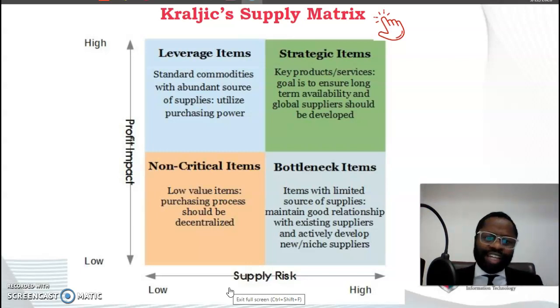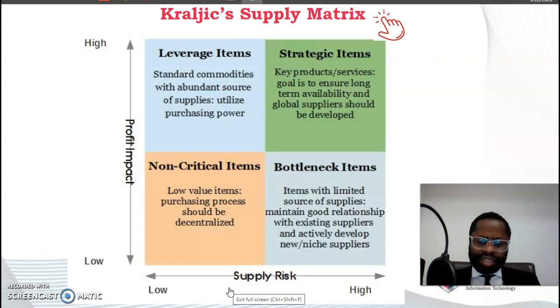But let's compare that with the strategic quadrant, strategic items. And let's look at a bigger organization, let's say like an airline. So an airline, when you look at an airline's inventory, you'll see capital equipment, those expensive rotable spares like, for example, landing gear and engines and so on, the power plant.